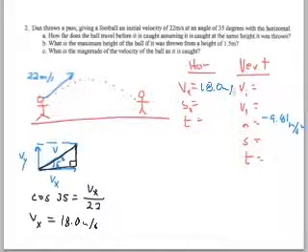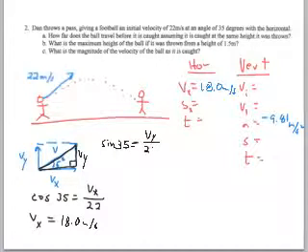And then we use the sine function of 35, because this is V sub y, the same size as V sub y. The sine of 35 equals V sub y over the hypotenuse of 22.